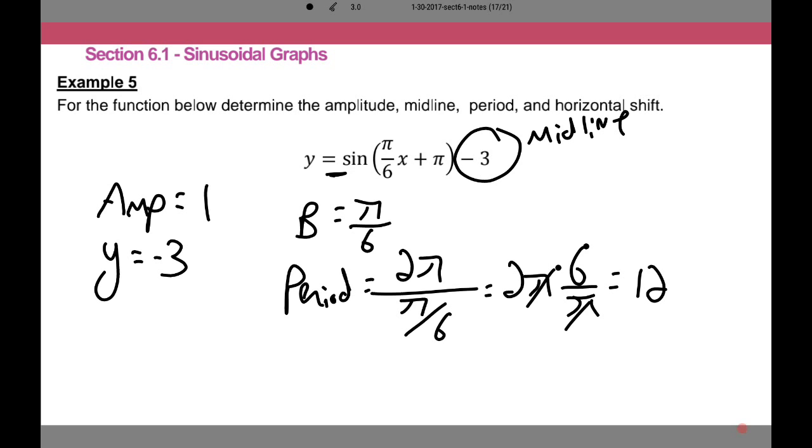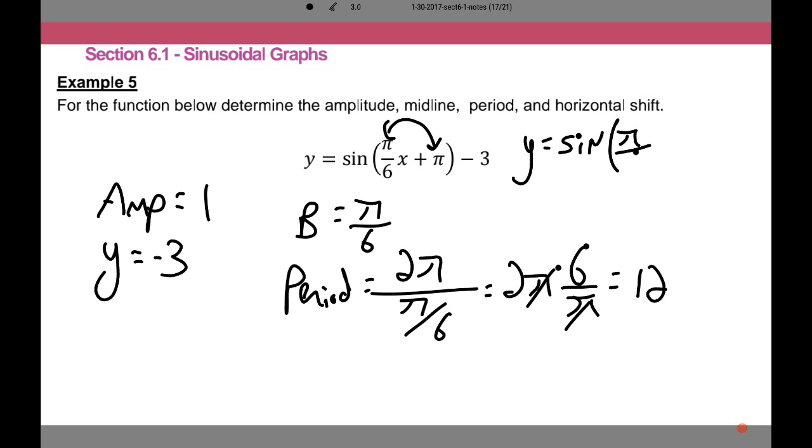Now to find our horizontal shift, we need to look at what I can factor out of both of these. In this case, if I factor this out, I get y equals sine, and I've got a pi over 6 in front of the x, so I have to factor that out to get my horizontal shift.